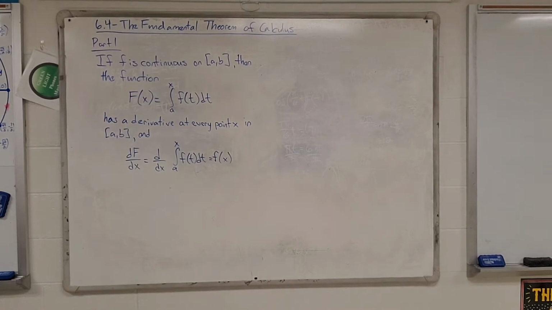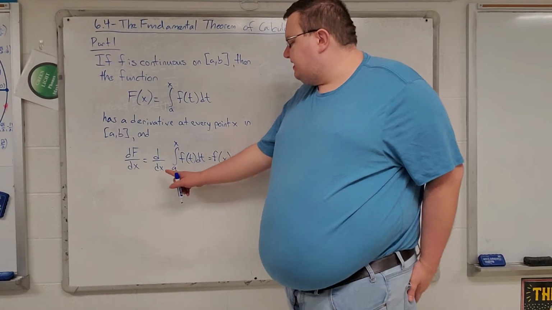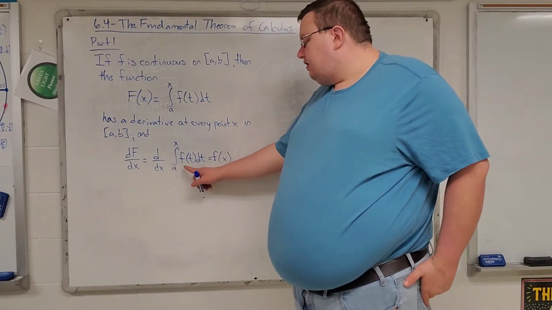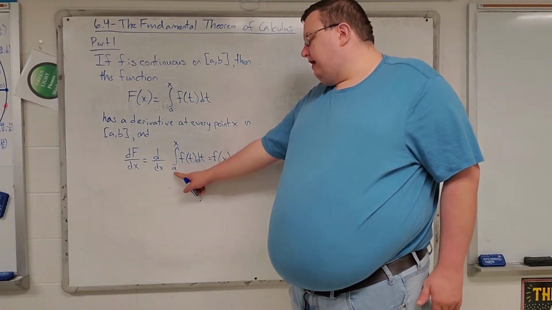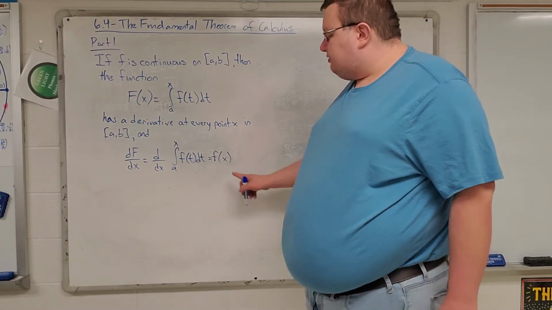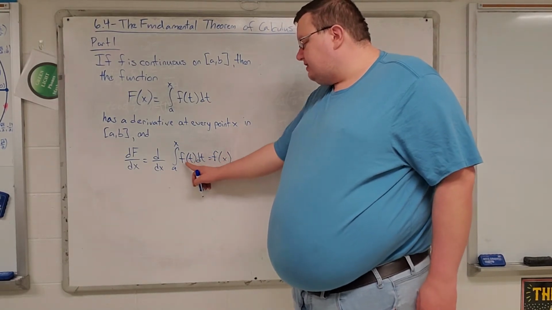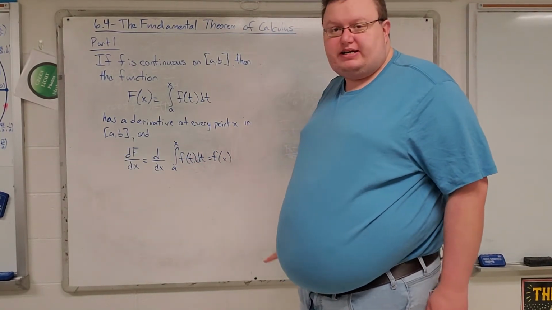So basically what we're saying here is that if I take the derivative with respect to x of an integral where I have a lower bound of a and an upper bound of x in this instance, when I derive that integral, I'm just simply going to get the integrand back with x plugged into it.